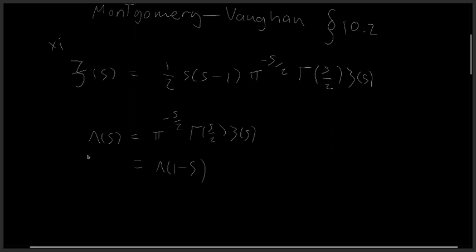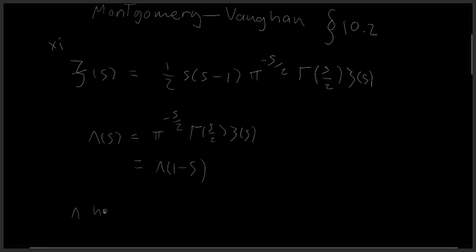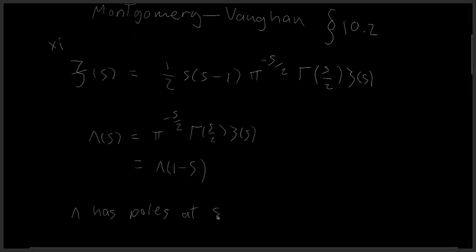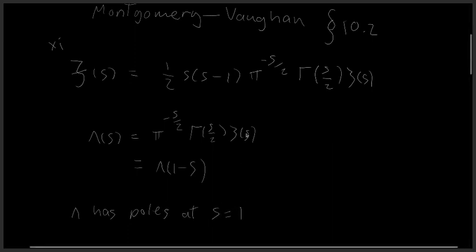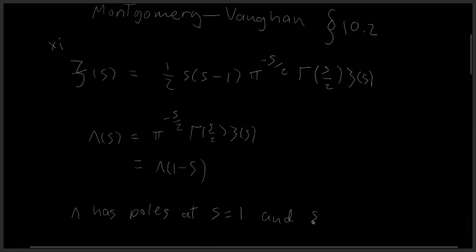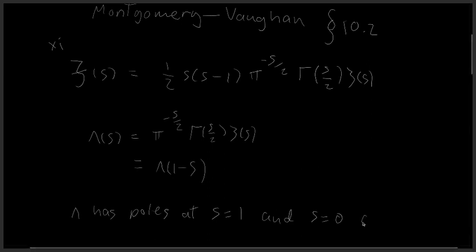And this completed zeta function, lambda, has poles at s equals 1, coming from the Riemann zeta function at s equals 1, and s equals 0, because, again, it's symmetric, and nowhere else.